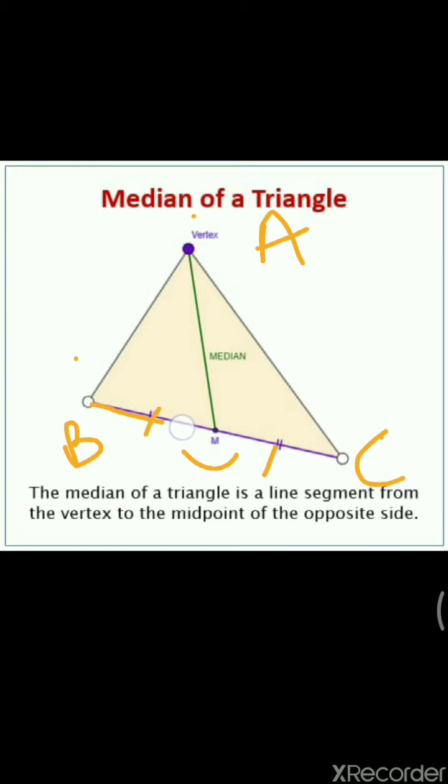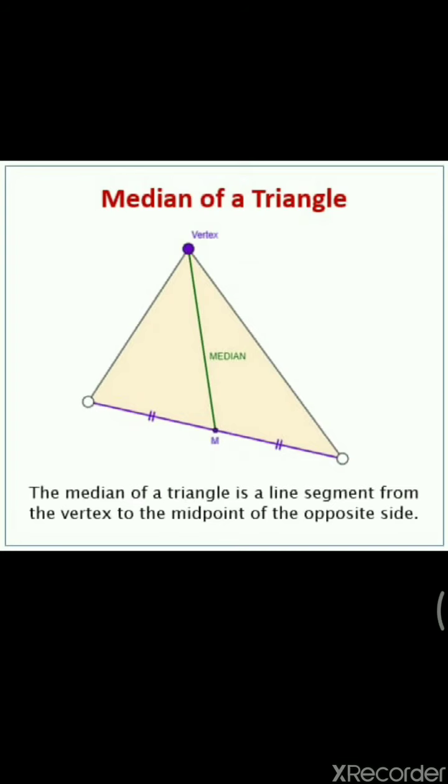Vertex opposite to side BC is A. You have to join this vertex to the midpoint of side BC. That is the line segment joining the vertex to the midpoint of the opposite side. This line segment is called median of a triangle.